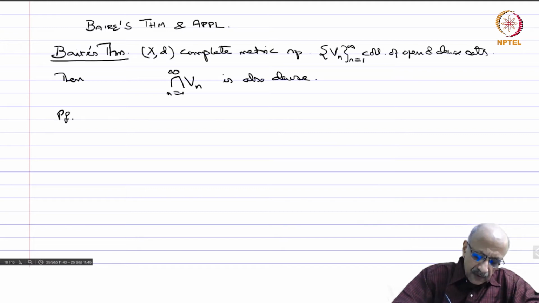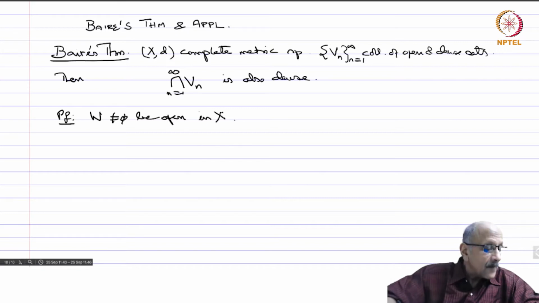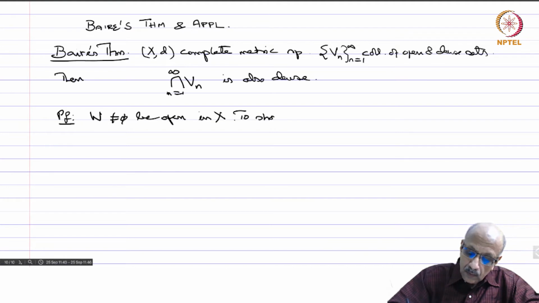Okay, so proof. Let W, not empty, be open in X. So we need to show W intersection the intersection n equals 1 to infinity of Vn is non-empty.